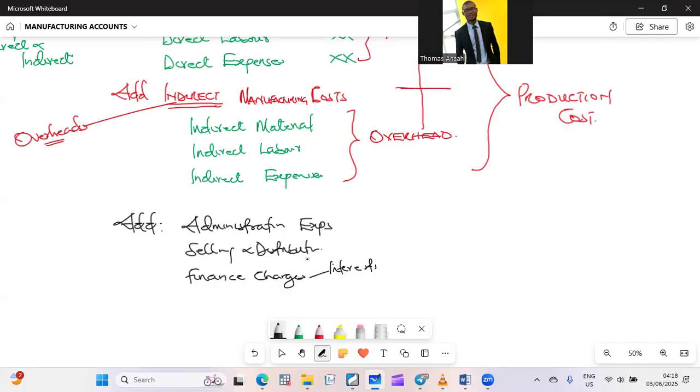And when we talk of the administrative expenses, we are talking about the accounting department salary, salaries of the secretary. Not those who are in the factory. Get it right. Not those who are in the factory. So basically, that is that. Even depreciation. So all these things are part of it.